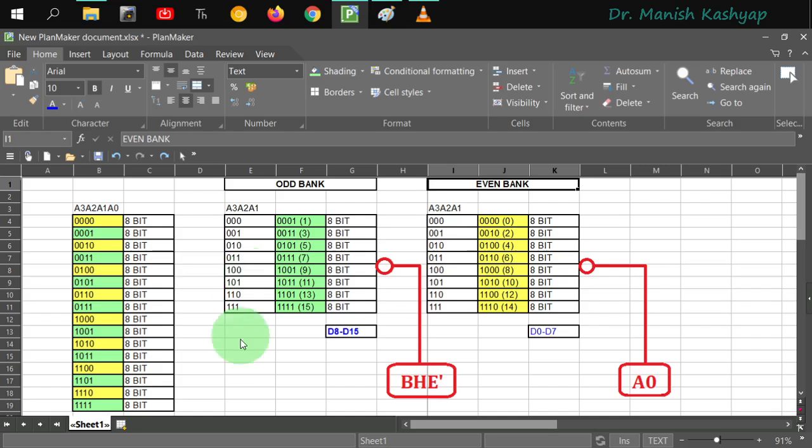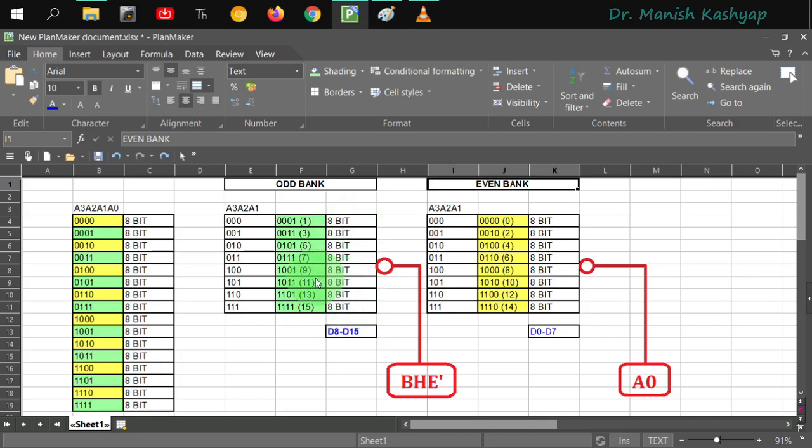So if we want to keep the content of AX register, which is a 2 byte register, onto location 0000 and 0001, then 0001 will contain AH and 0000 will contain AL. So obviously lower order content will be kept on the lower order data bus, so D0 to D7 will be applied to this particular chip, and D8 to D15 will be applied to this particular chip.